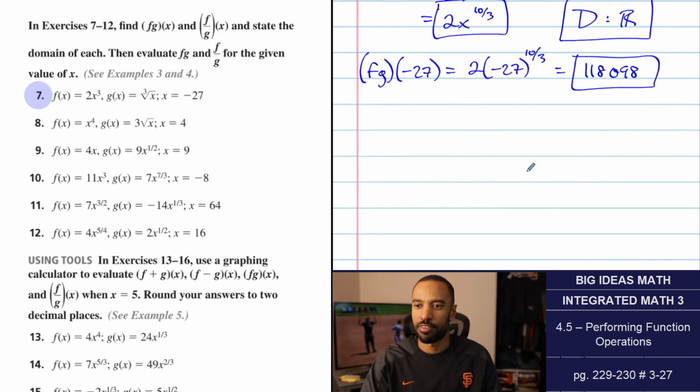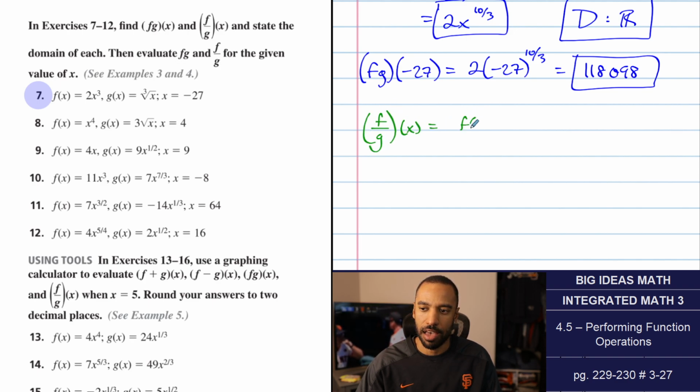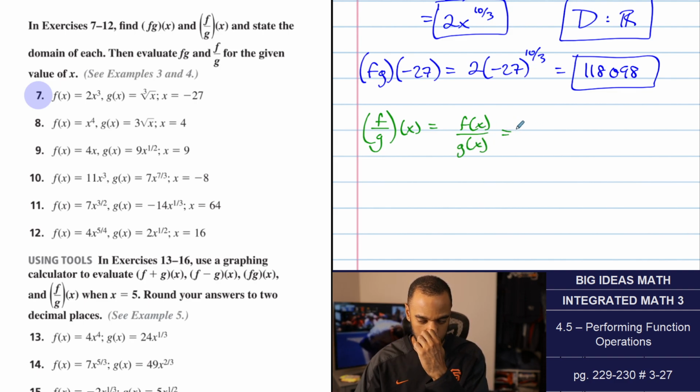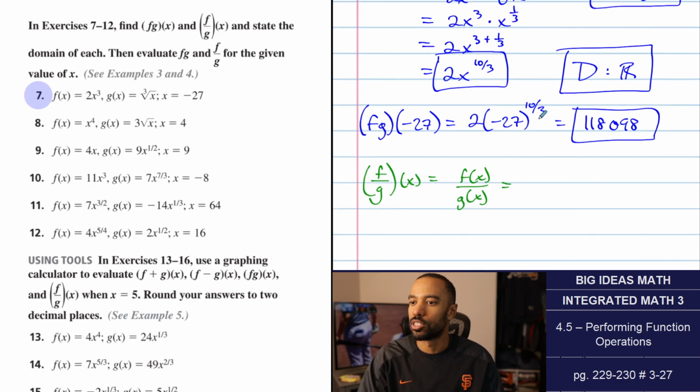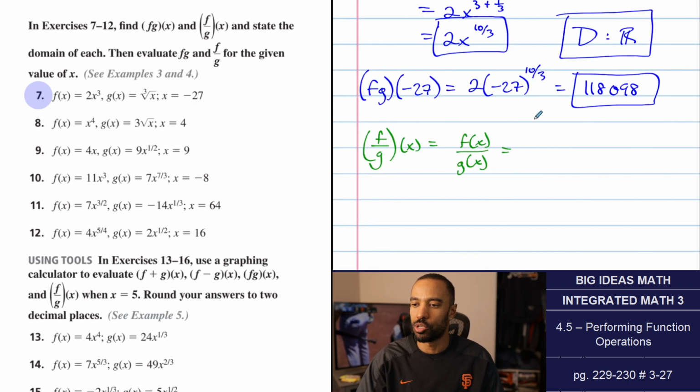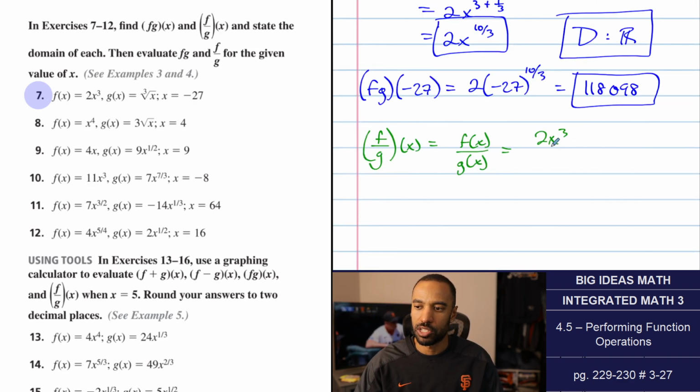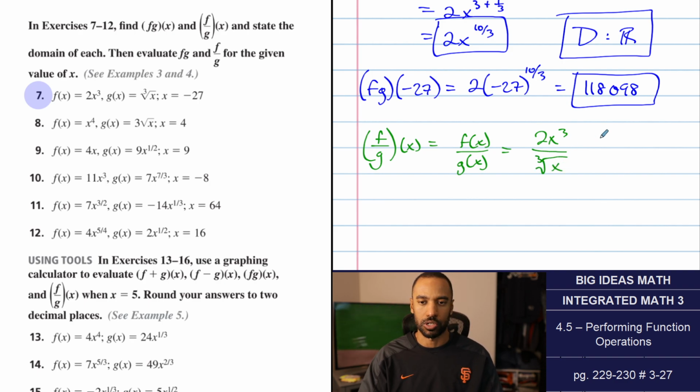Let's now do f divided by g of x. Once again, as a reminder, that is f of x over g of x. Which is going to be 2x cubed over cube root of x. Now, this one does need to be simplified. Whether or not you can argue certain things, you can't have an irrational denominator.